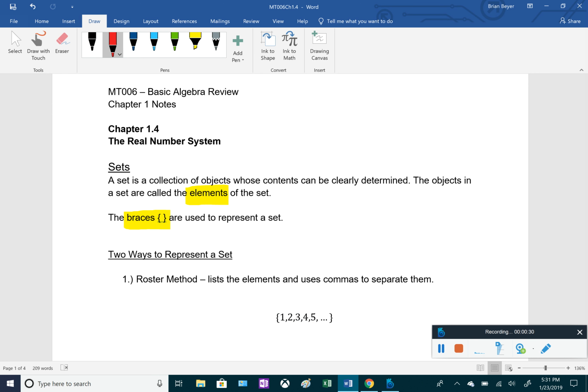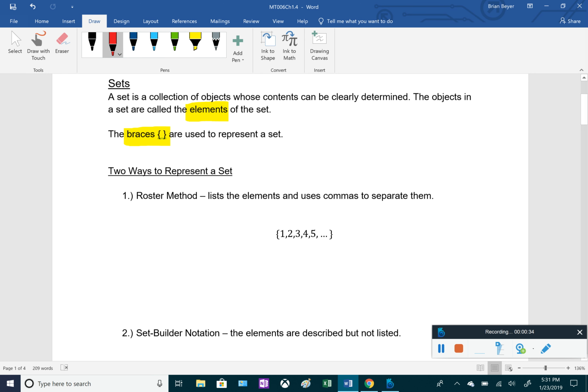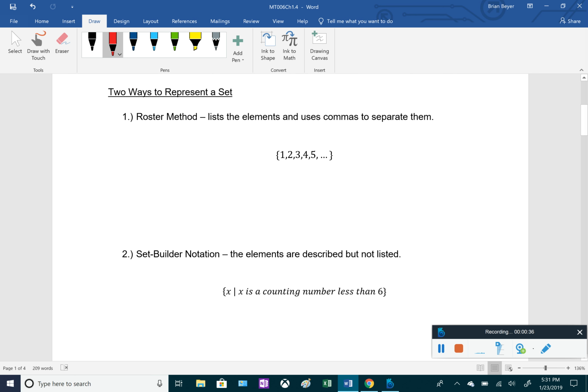There are a couple different ways we can actually represent a set. The two ways that we're going to do it are either the roster method or the set builder notation. The roster method just lists the elements out and uses commas to separate them. So if we were looking at the natural numbers, also called the counting numbers, it would be the set of numbers 1, 2, 3, 4, 5, 6, 7, and so on.